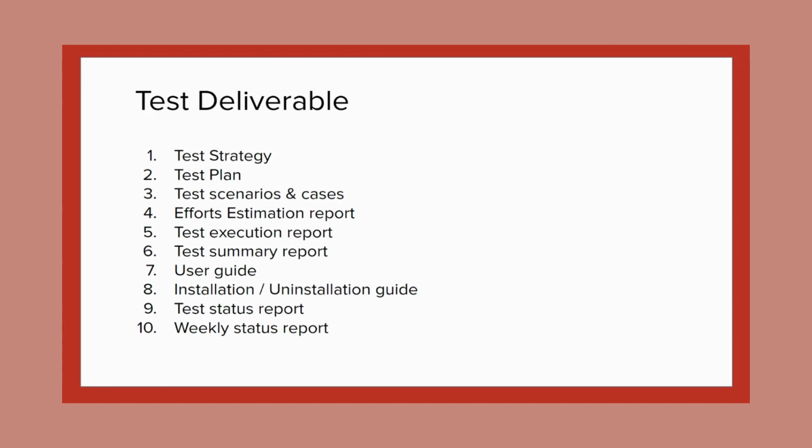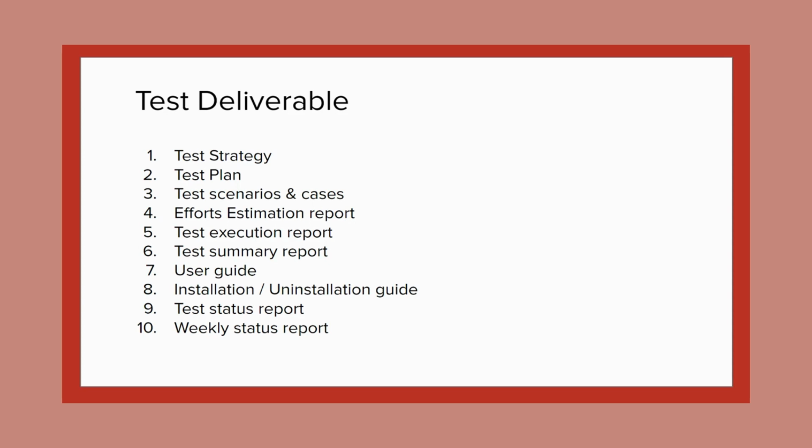You give out this strategy plan to the stakeholders, and once it is approved by your stakeholders and by your manager, it then goes to the client. Your test plan is also delivered to the client, showing how much effort one particular module is going to require, and that is how testing cost is decided.